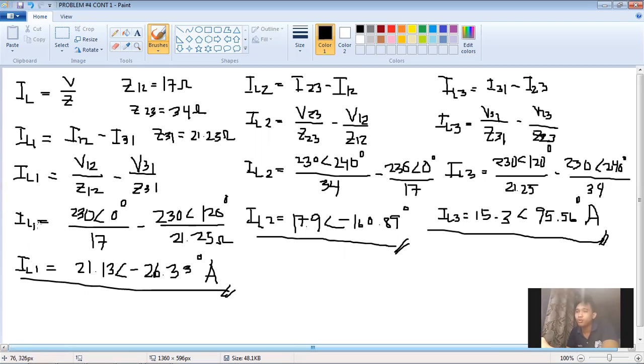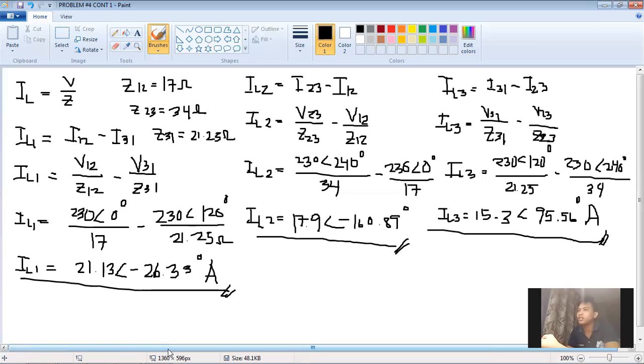So IL1 is equal to 230 volts, same as the source voltage, angle of 0 degrees, all over 17, since our Z12 there is 17. In continuation, V31 is 230, same voltage, angle of 120 degrees.